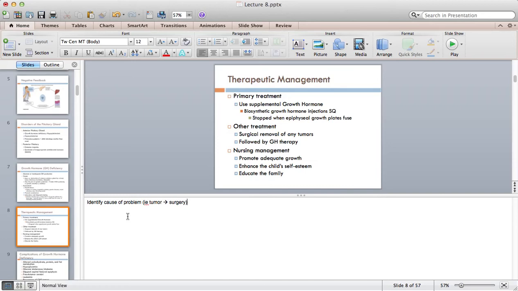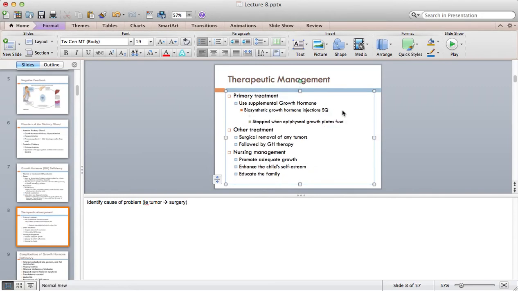So in essence, the medication can be given 3 times a week to daily, depending on how the endocrinologist has ordered the medication. But for the most part, they do the replacement. This is initiated in the hospital, and then the child can go home on that, and the parents will be taught to give the injection.